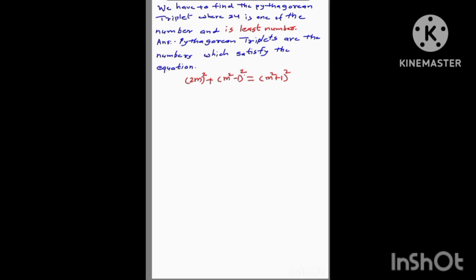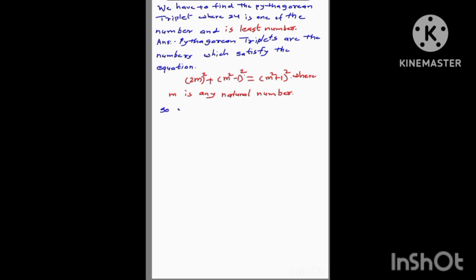As you know, these are the three sides of a Pythagoras triangle, so all these are positive quantities. So m is any natural number. That is to be understood.